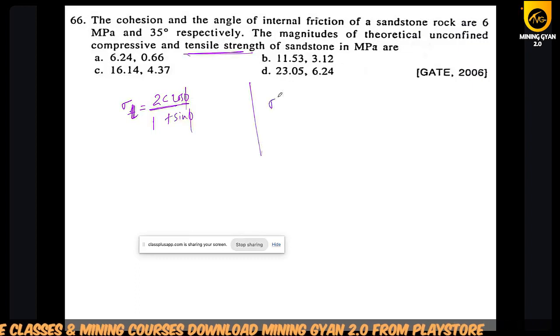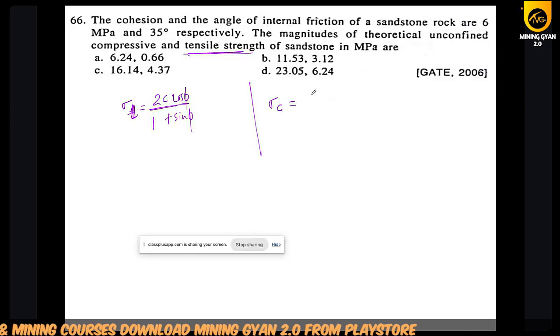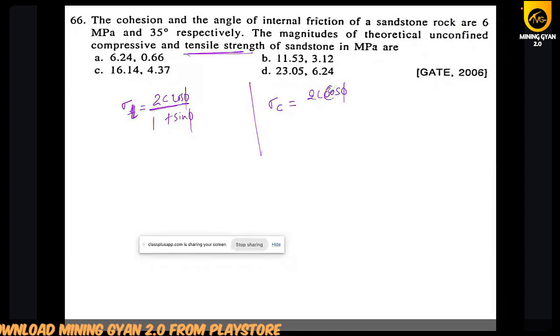This is your tensile. Sigma C, the compressive, will be 2C cos phi divided by 1 minus sin phi.